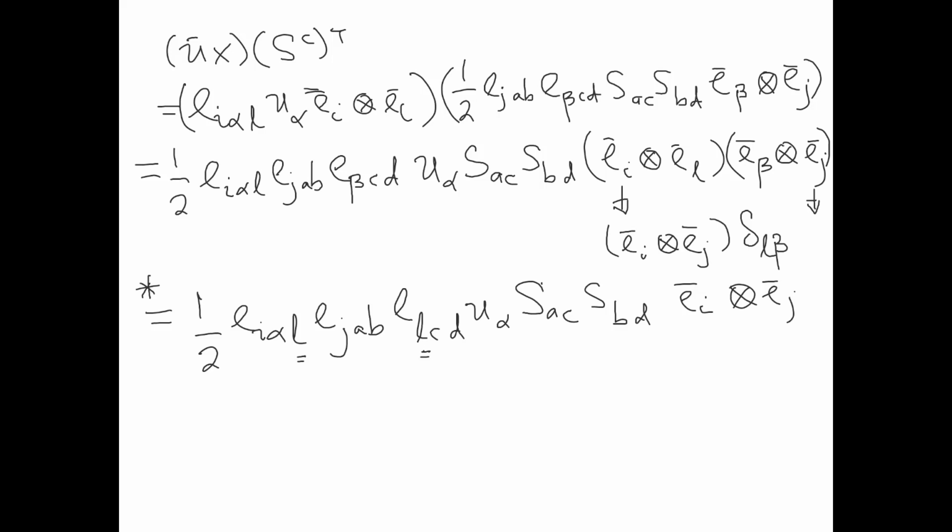Of course, you know that ε_iαl is the same as writing ε_liα without changing the sign. Am I correct? ε_iαl is the same as ε_liα. Going in the anti-clockwise direction, you are not going to change the sign of your alternating symbol. Am I correct?